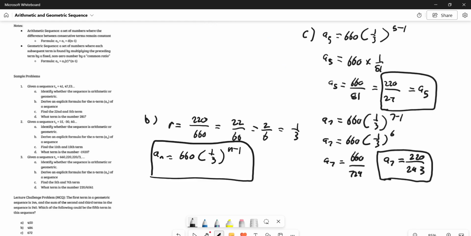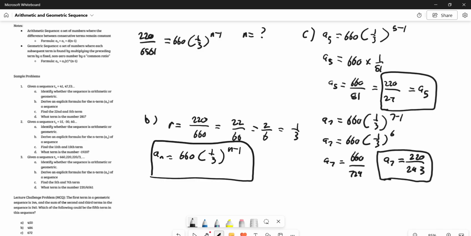Now we want to focus on part D. We need to find the term of 220 over 6561. So plug that in for a sub n, and then now we need to find the n, right?